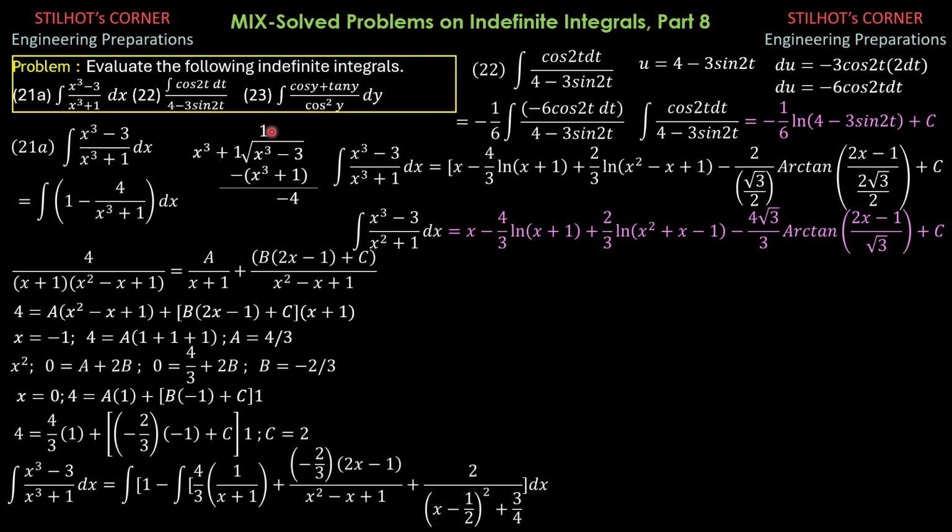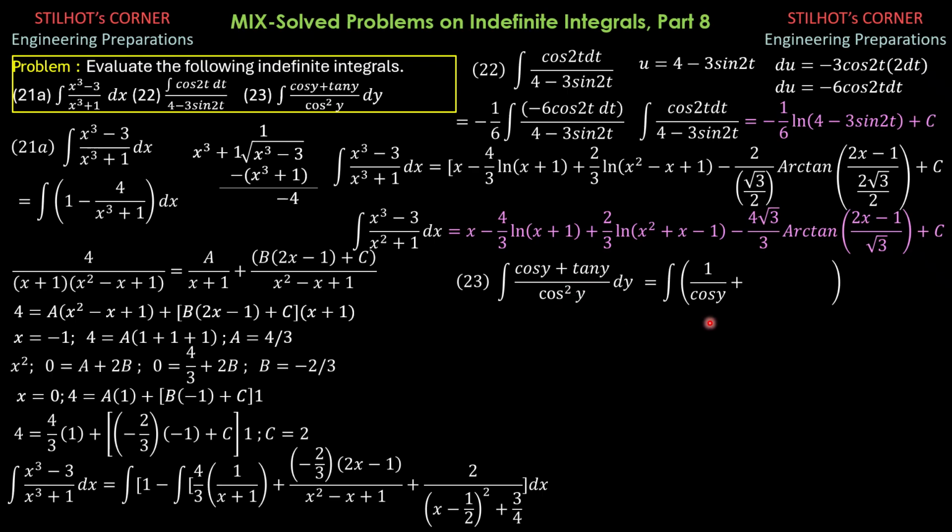Then lastly, number 23, integral of cosine y plus tangent y over cosine squared of y, dy. Cosine y over cosine squared of y is, that would be integral of 1 over cosine y. Then tangent y over cosine squared y is like tangent y secant squared y.